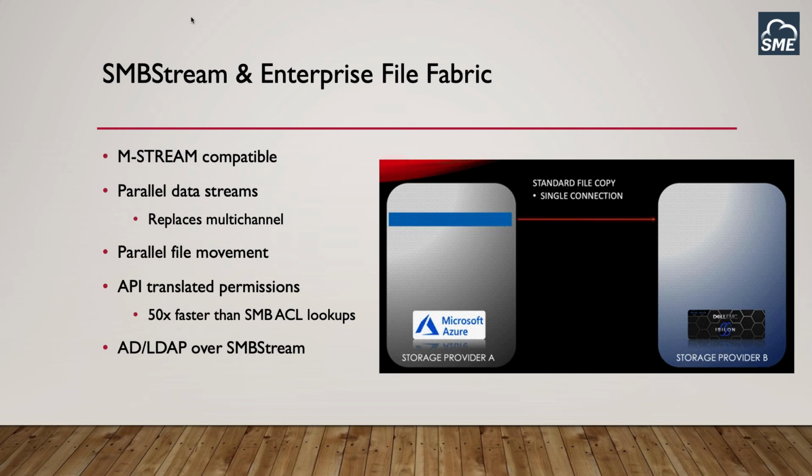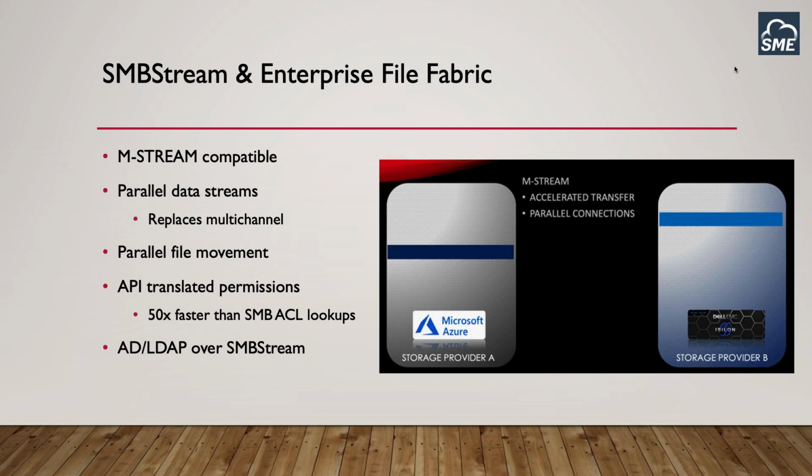As well as we've baked into the Enterprise File Fabric some enhancements specific to SMB Stream, when the two of them talk together. So one thing that's always important is permissions. If you're using a filer, you want to make sure that when you click on that filer, you only see the files that you're supposed to see. And SMB Stream accelerates that as well.